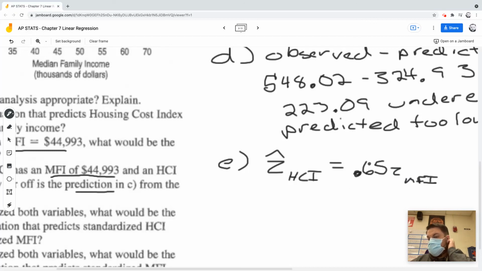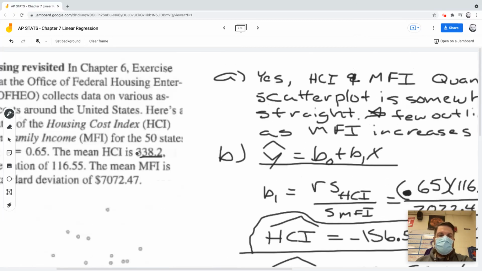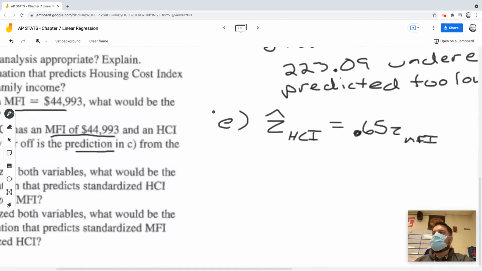So that's the relationship, and that comes from the given r value, this right here. Now we don't have to know what those actually are, but if we crank through the math, that's how we would find that.